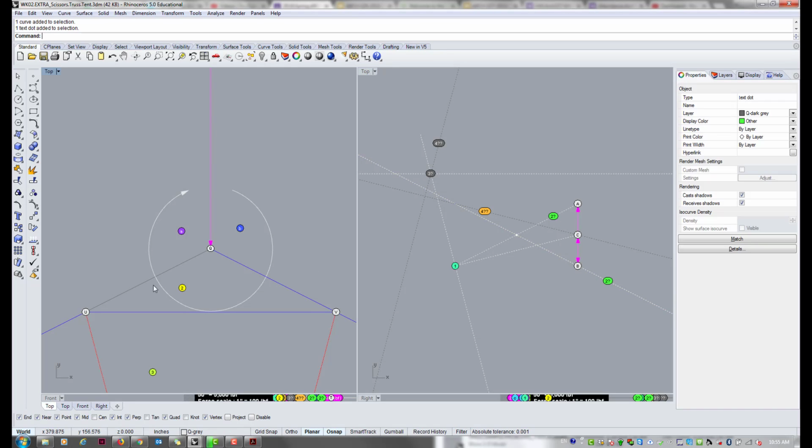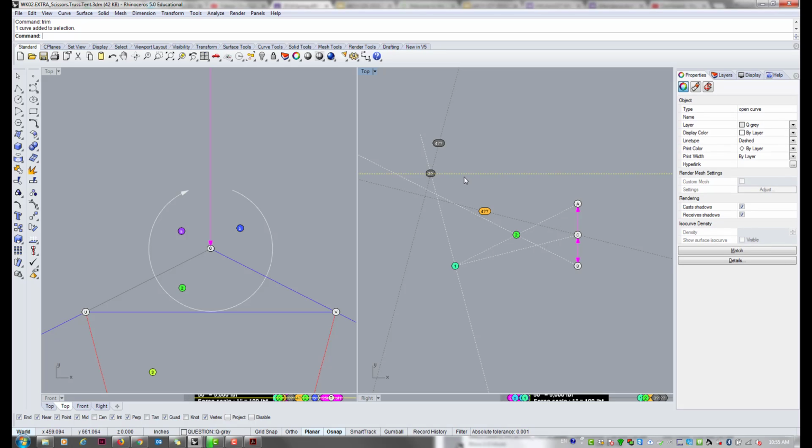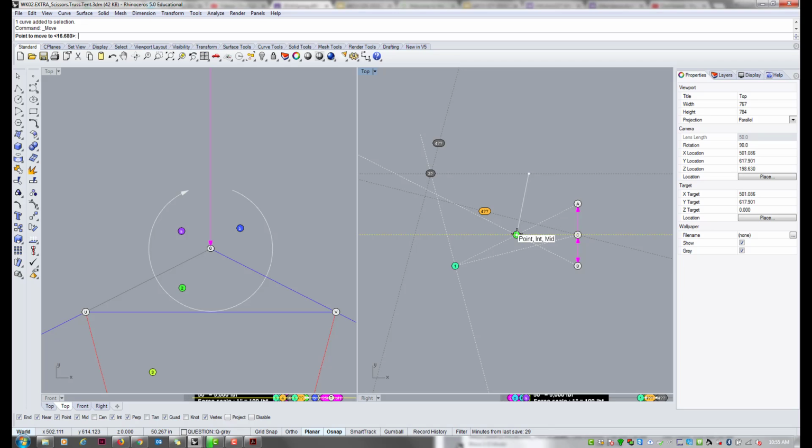So 2 is now fixed to here. And that actually helps because, from memory, we can tell that 2, 3 was this horizontal line and 3 is on this line.